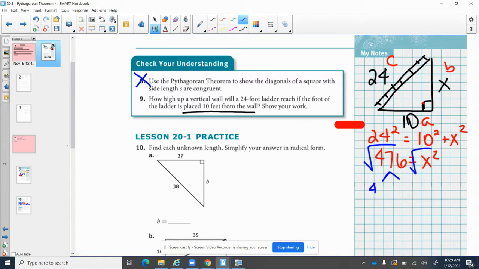And 4 is a perfect square. So we know this breaks down to be 2 and 2 that get to move out of the house. So x equals 2, because that moved out of the house, and then 119 is not a perfect square, so that would be the exact answer, right? 2 times the square root of 119.